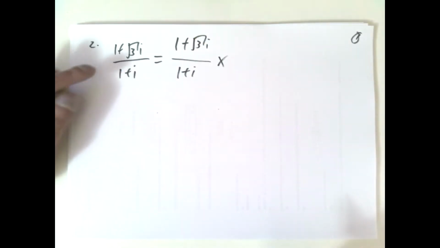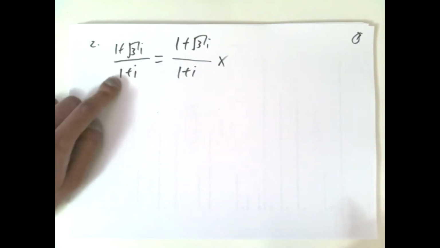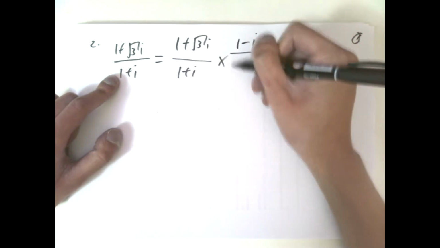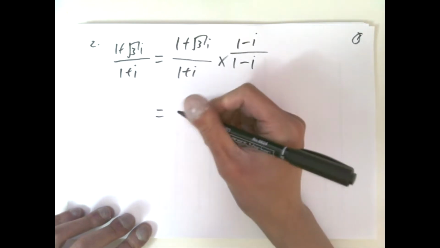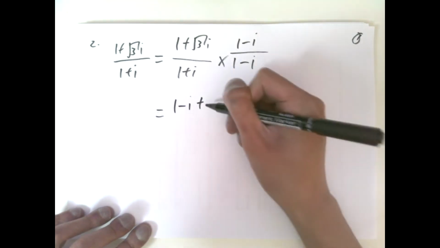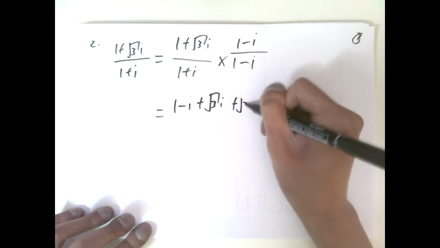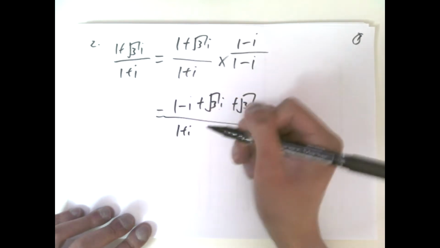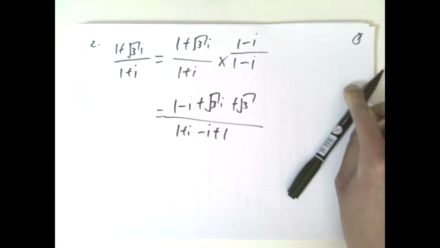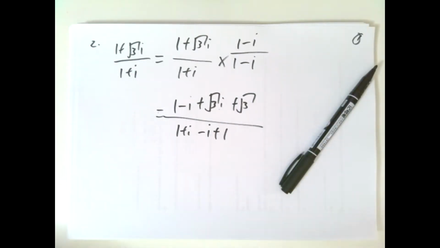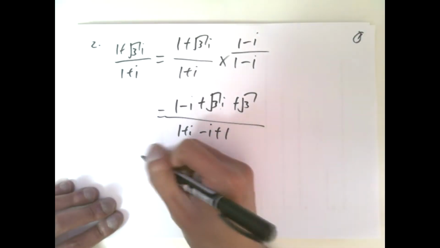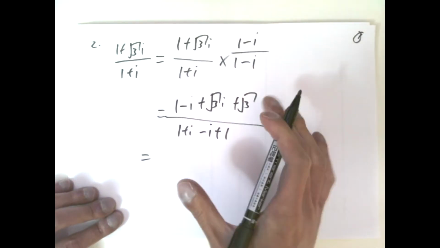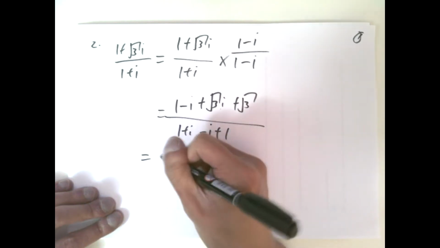Well, because we never want to express a complex number with a complex denominator, we need to realize the denominator by multiplying by the conjugate, doing all the necessary multiplication out, grouping all the reals and imaginaries together.